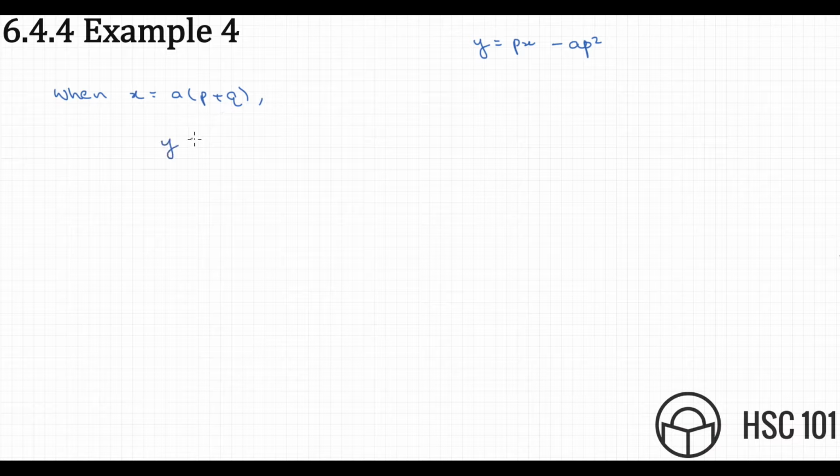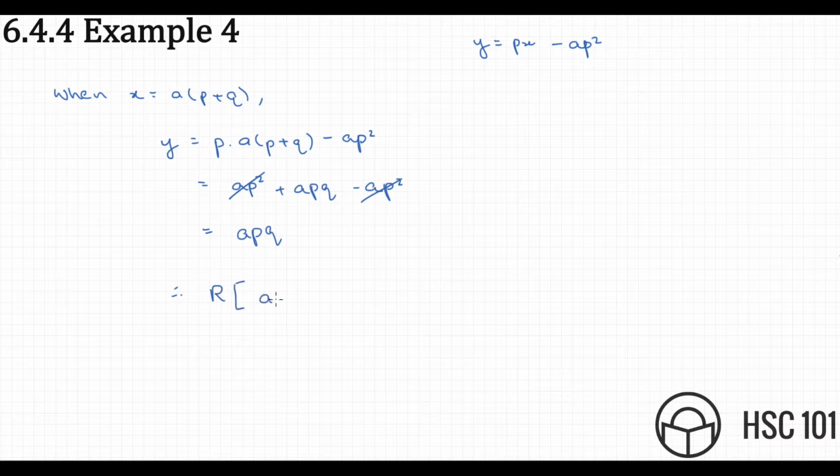So here, if x = a(p + q), my y value is going to be given by p times a(p + q) minus ap². And if I expand the whole lot, this gives us ap² + apq - ap². And we know that ap² - ap² disappears. So my y value is therefore just apq. And now putting everything together, this shows that the coordinates for R are therefore given by (a(p + q), apq). And that's all we have for part 1.